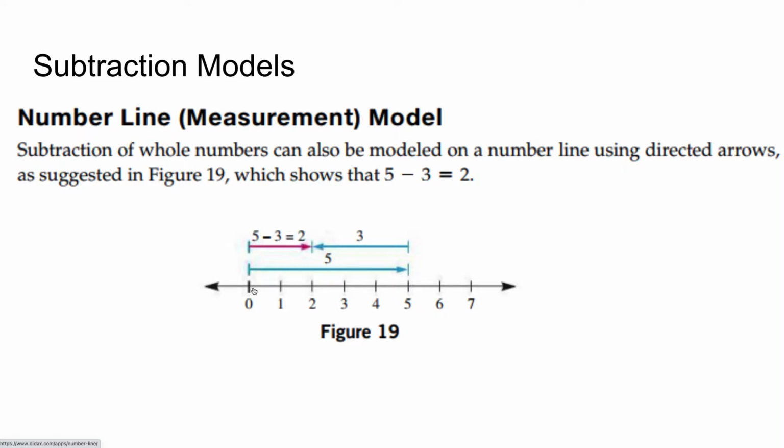Okay, so let's look at this number line model again. Starting from 5, take away 3. So you're not going to the right hand side, but you're going to the left hand side by 3. 1 hop, 2 hops, and 3 hops. Where you land, that is your difference. So it is 5 minus 3 is equal to 2.